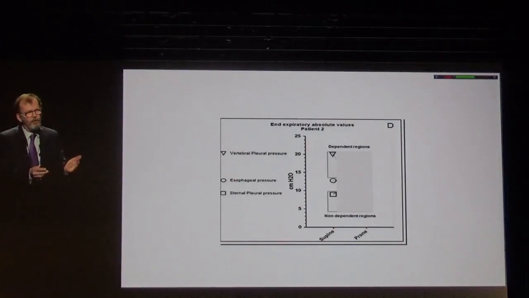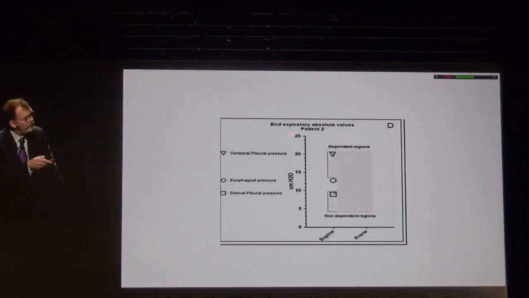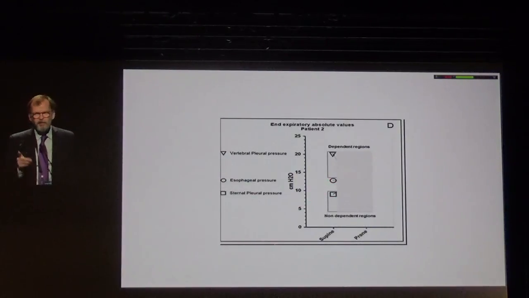We had an interesting demonstration of that. We had one of the human cadavers in whom we had the same measurements. So this is now the direct absolute value at end expiration. This is the dependent value, which is very high, the non-dependent value, and the esophageal pressure. You remember that Antonio said, explain why we have pneumothorax if we put a knife in the chest.